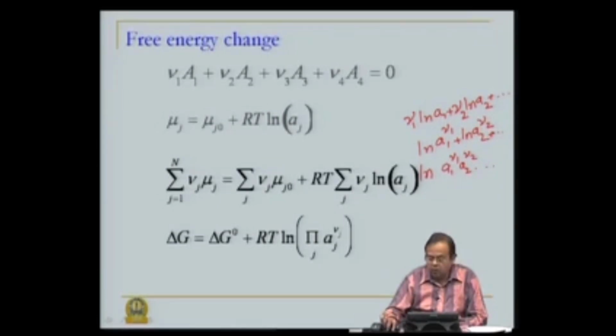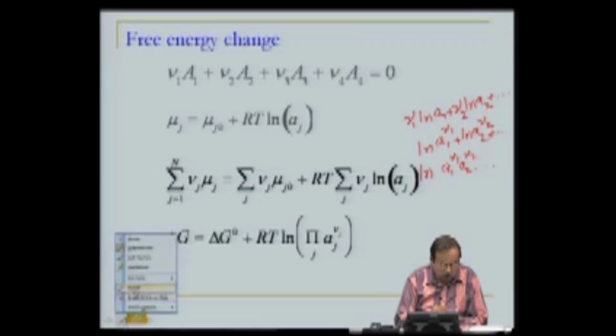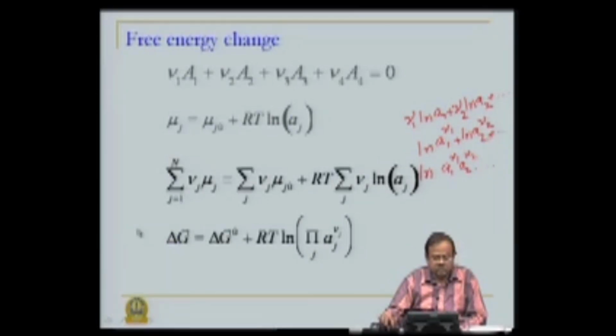So, now I have my equation for free energy change, by summing it up for all species, in terms of reference conditions and the activity of all the species.